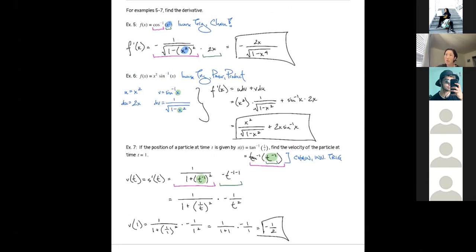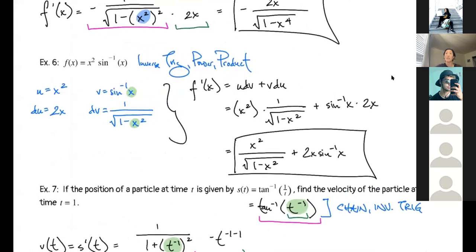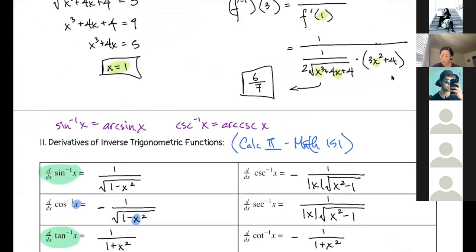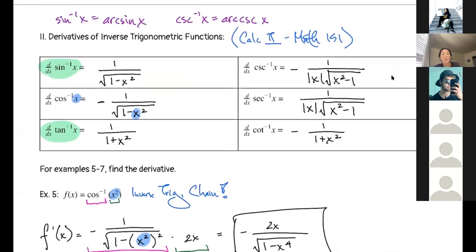Well, here's what I want you to think about as you're studying for exam 1, or exam 2 rather. It would be important to know these formulas. Okay, so these derivatives of inverse trig formulas, alongside all the other formulas we have for derivatives, we do want to add these to the list.